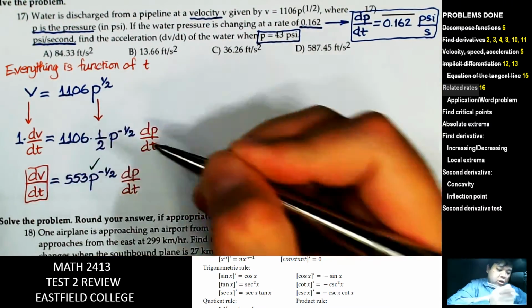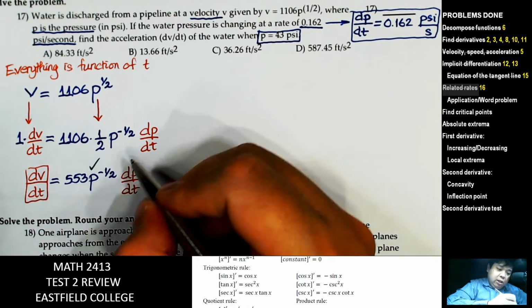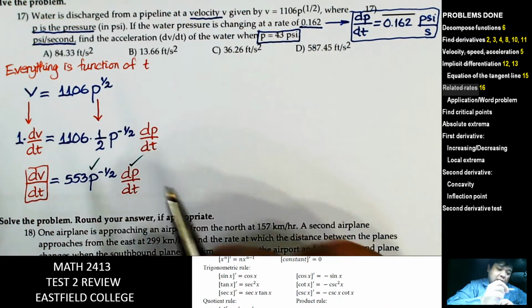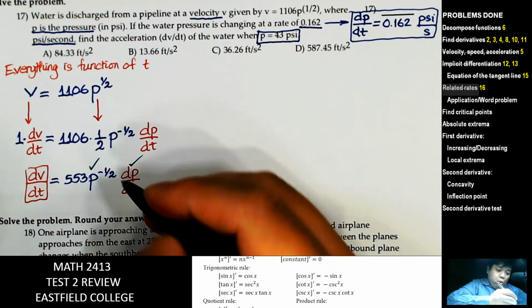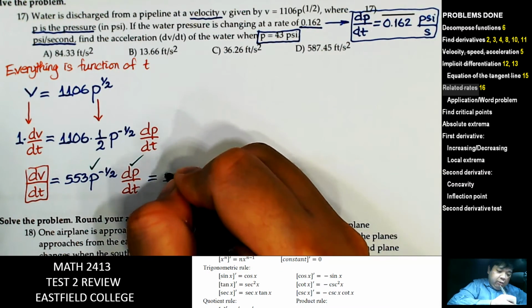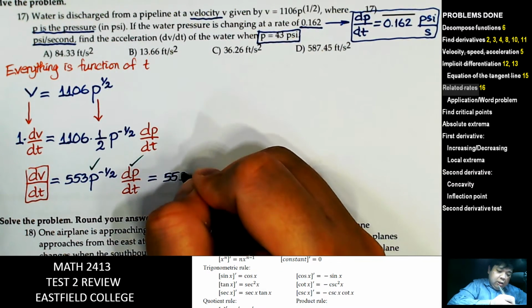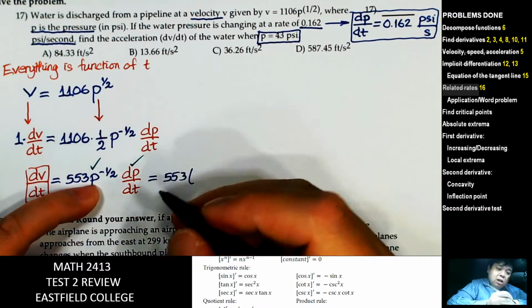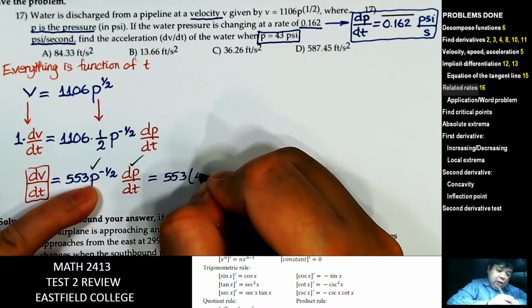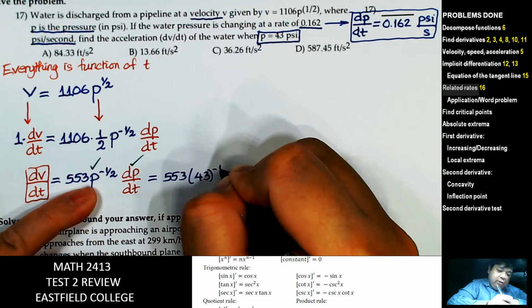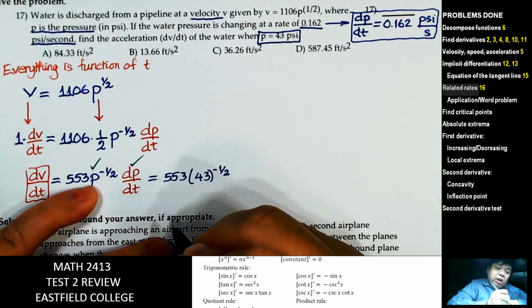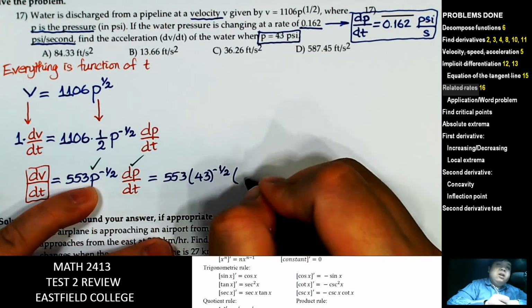We know the pressure. We know the dp over dt. Pretty much we put everything in: 553, P is 43 to the negative 1/2, dp over dt is that.